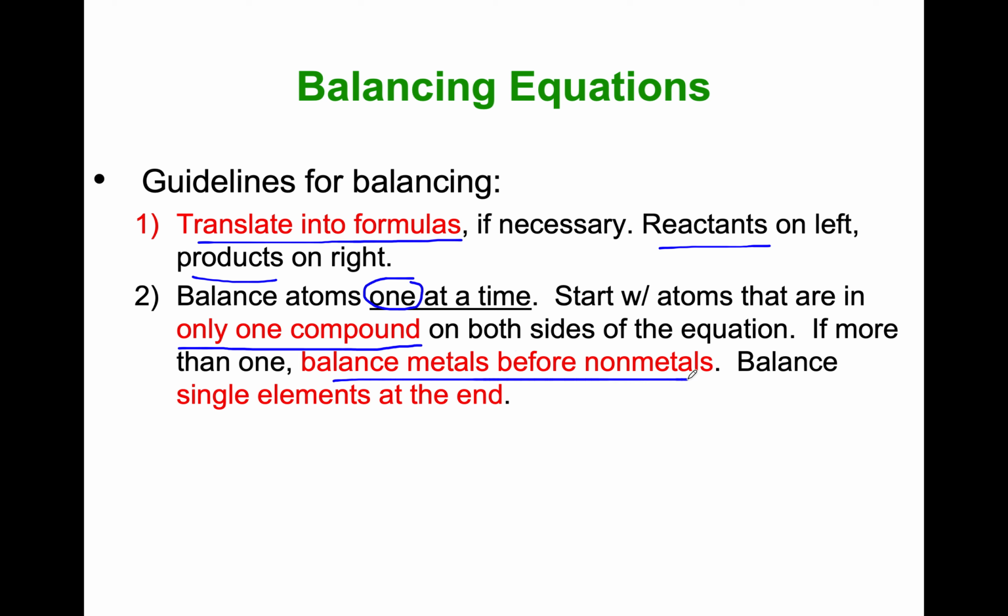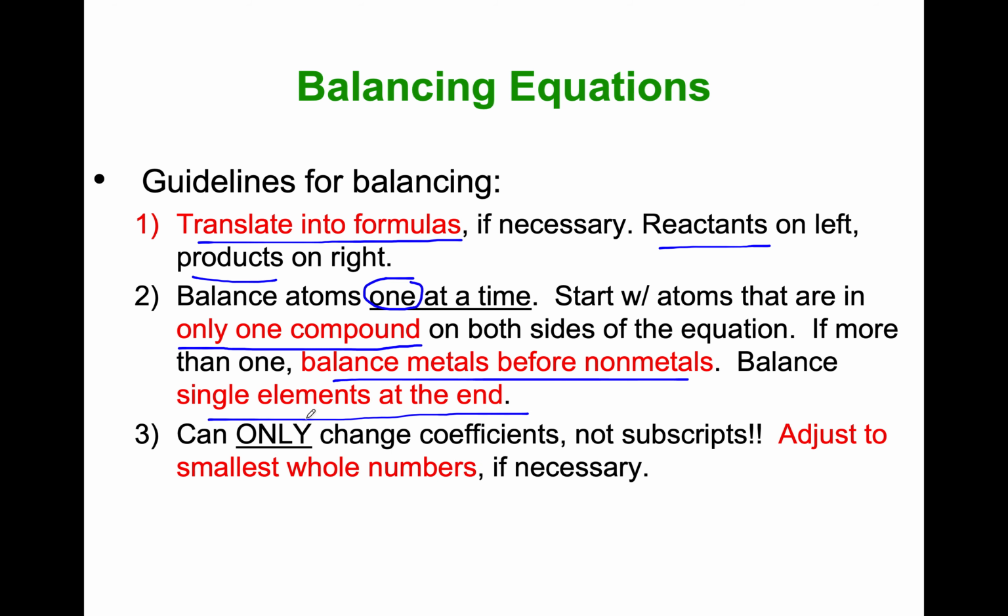Another tip, balance metals before nonmetals and balance single elements at the end. That's really nice because that doesn't change any other element. So wait till the very end, make the adjustment on that one. Don't forget, I already emphasized this, but again, only change coefficients.